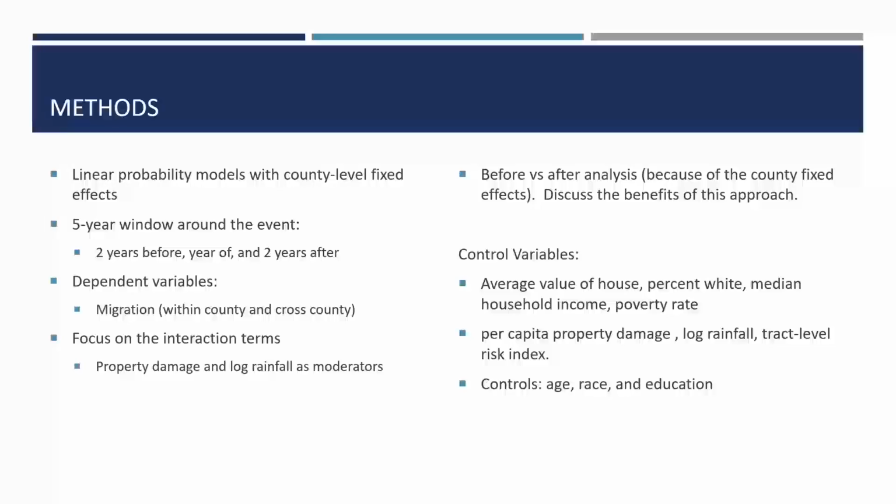And I have another question. With migration, we will be interested in what happened after an event and how people migrate, but maybe you're more interested in seeing how the migration pattern changes. So there may be not just a fixed migration pattern at the county level, but cross county.